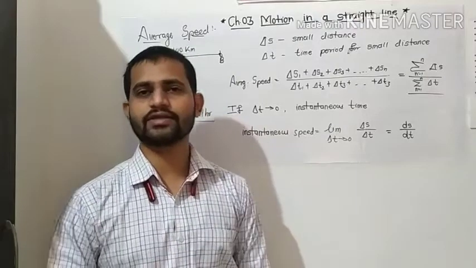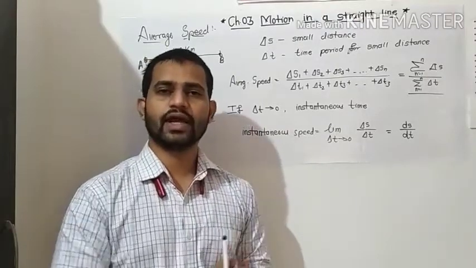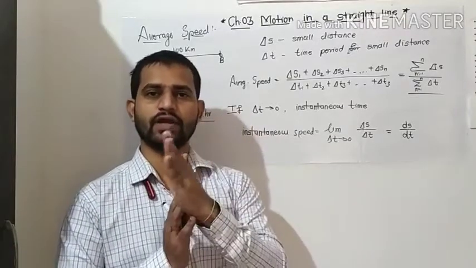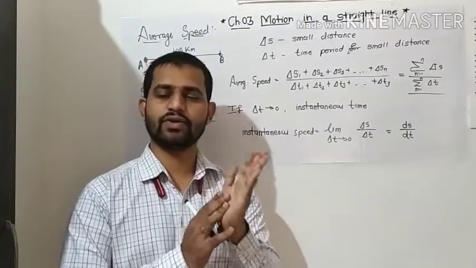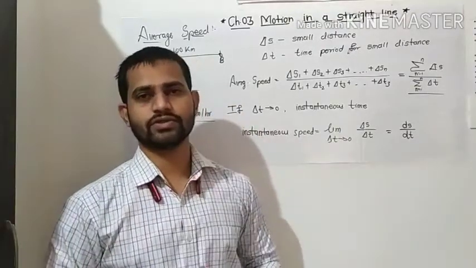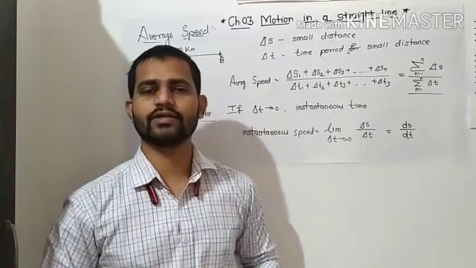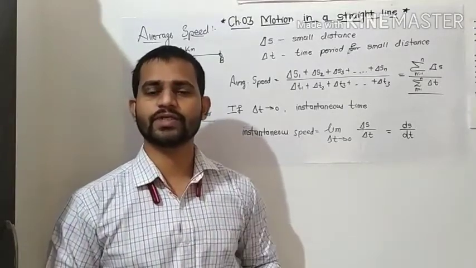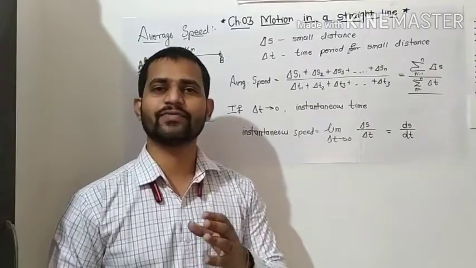Unless you keep your accelerator as it is, the hand of the speedometer will keep on moving. It will go low, high, low, high. Why? Because you are not keeping your speed constant. You are not always going at 50 km per hour or always at 60 km per hour, but there is a variation of the speed.